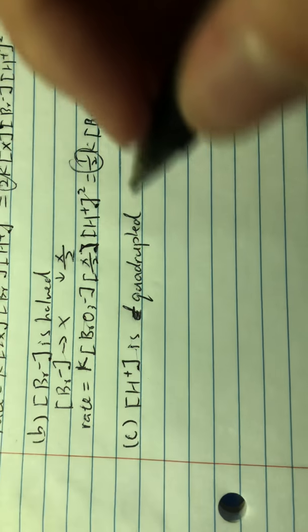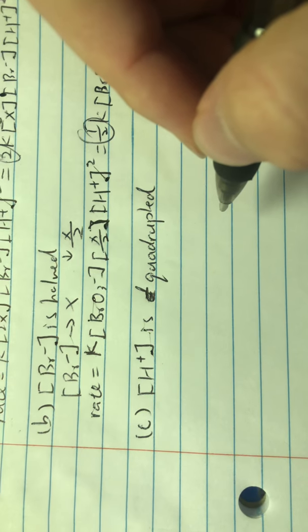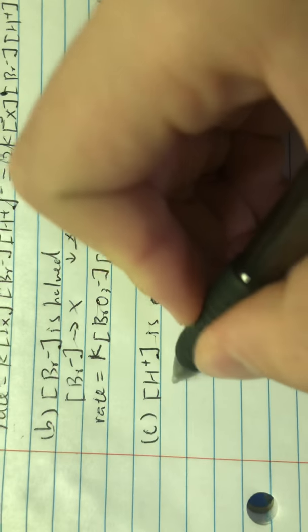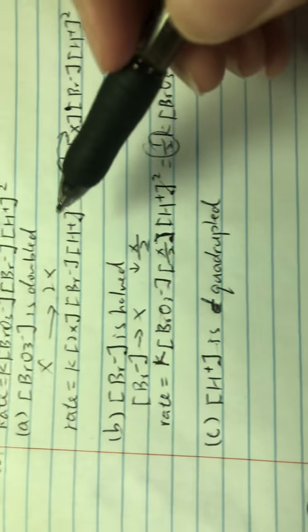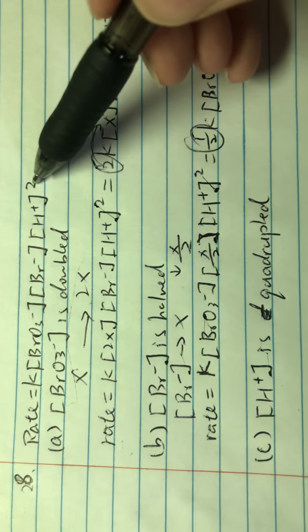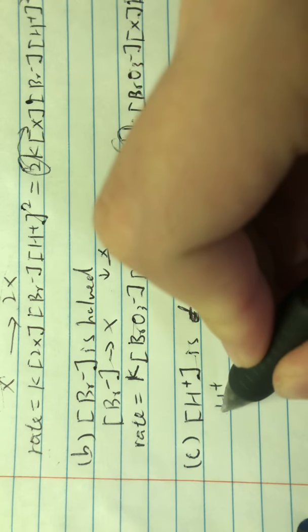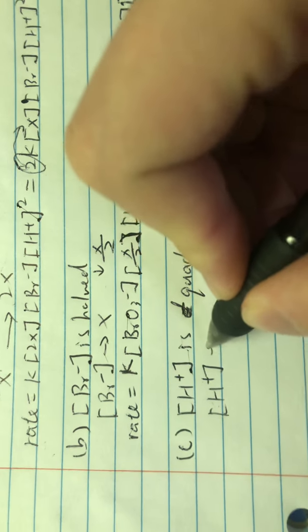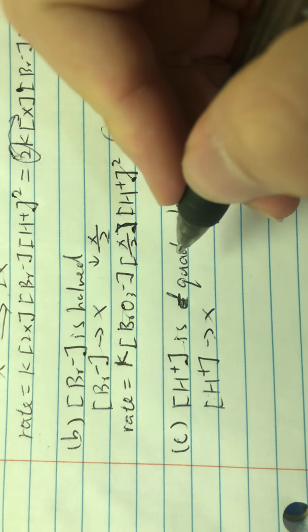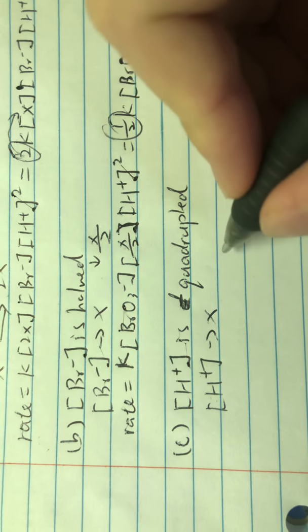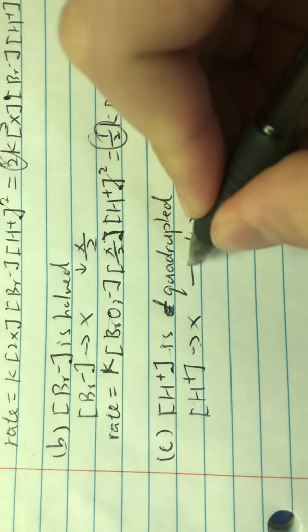But if we come and look at C, now it's different because H plus is to the second power in the equation. So now we do it again. Let's assume H plus equals x, and the quadrupled would be 4x.